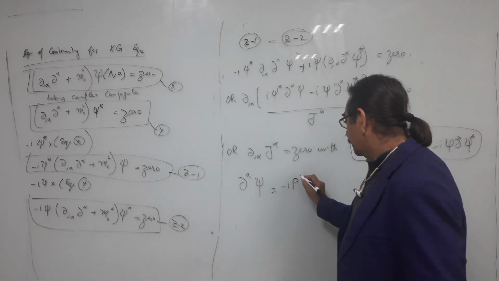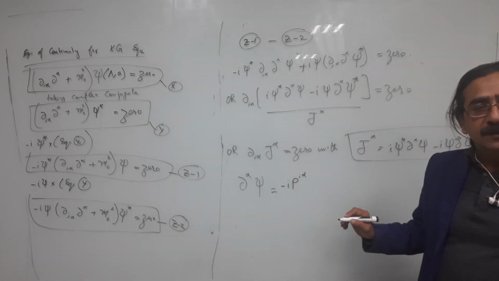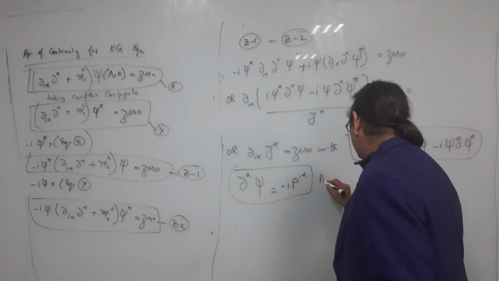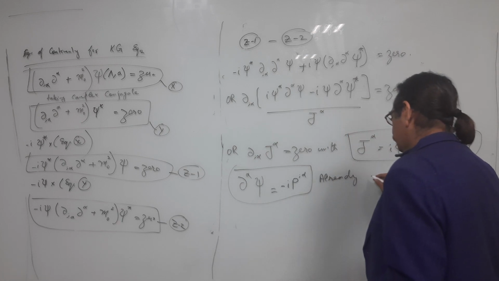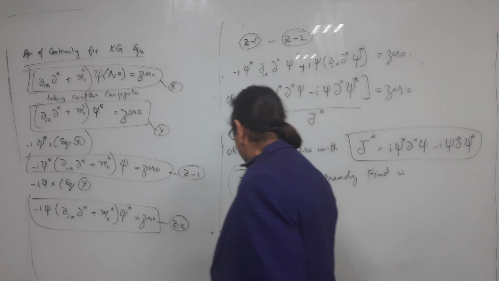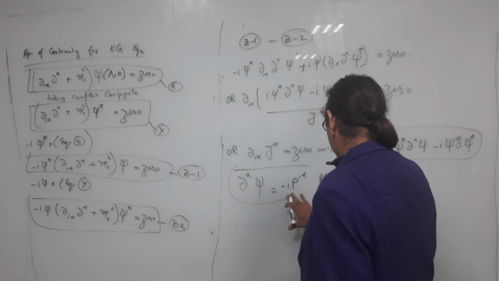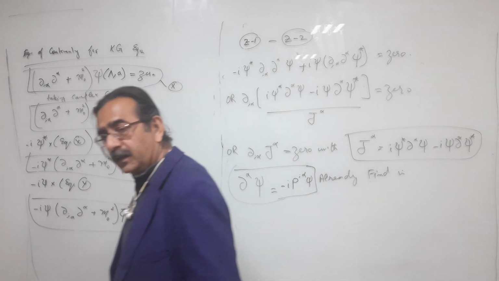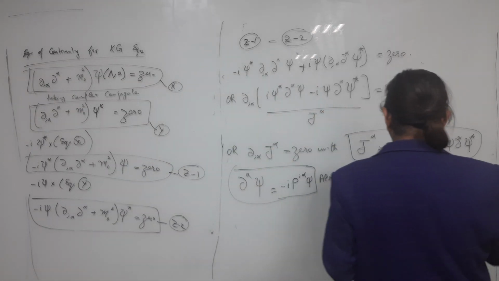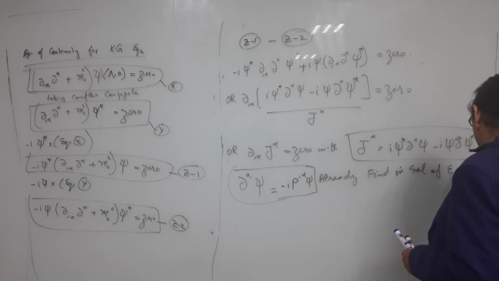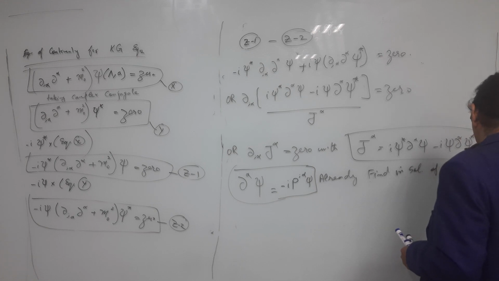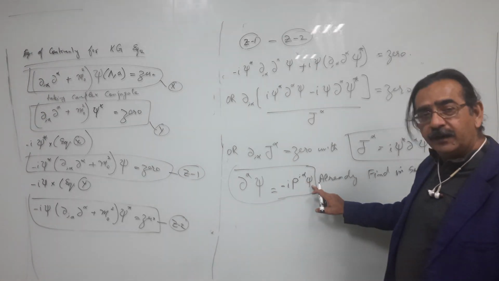Iota P alpha, when we are finding the eigenvalue solution. Minus iota P alpha psi.